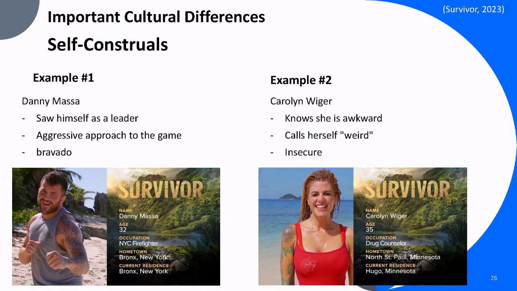Danny automatically saw himself as a leader and he acted as such. Carolyn automatically saw herself as somebody in the out-group, and it affected the way she communicated and went into the game. She held back a little bit. She wasn't quite as dominant in some things, but both played good games.